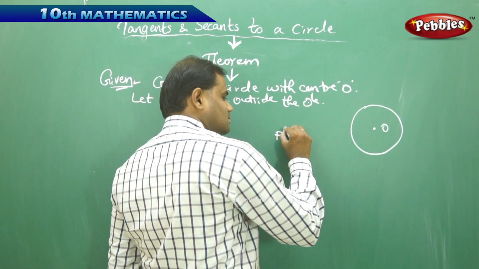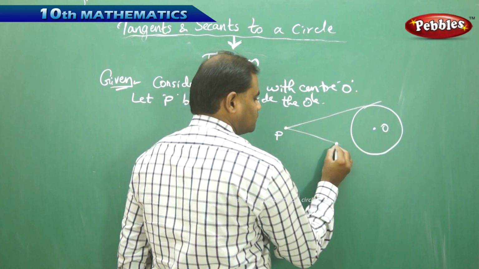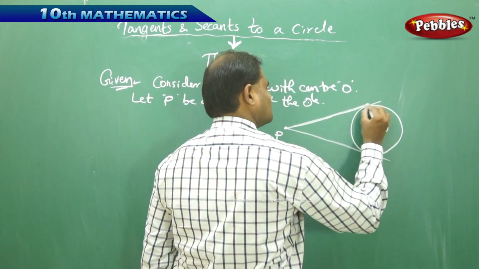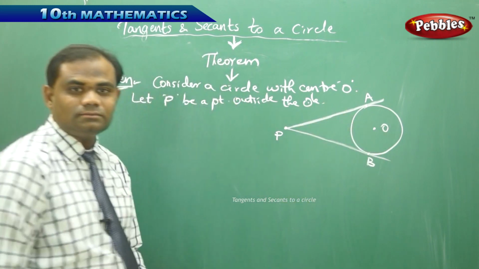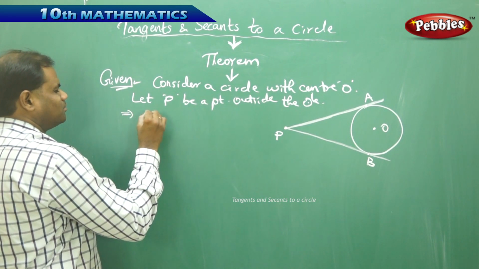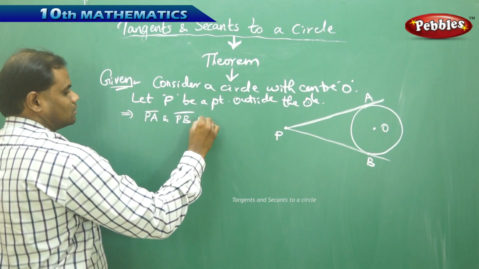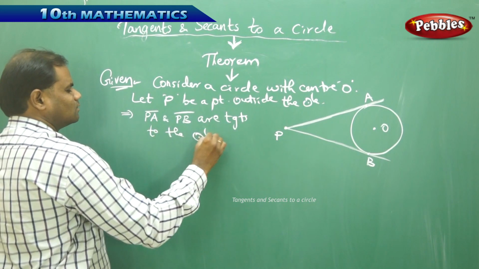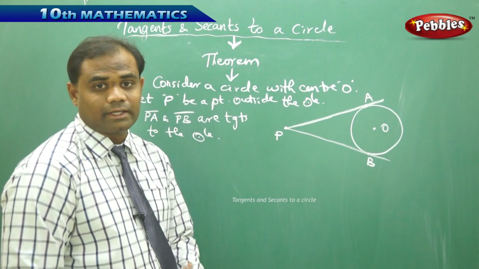As I see here, this is one of the tangents which is drawn, and this is another tangent which is drawn out here at A and B. So here I see that PA and PB are tangents to the circle which is considered with center O, is what I get out here.